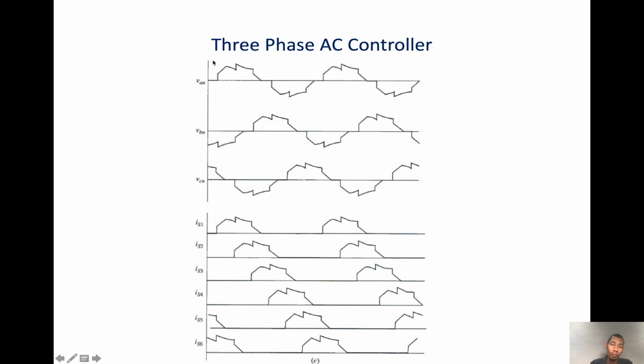This is for the VAN, and VBN is identical except 120 degrees apart, and VCN is also identical but 120 degrees apart each later. As you increase the firing angle, you can see the magnitude of the output voltage delivered to the load becomes lesser and lesser.